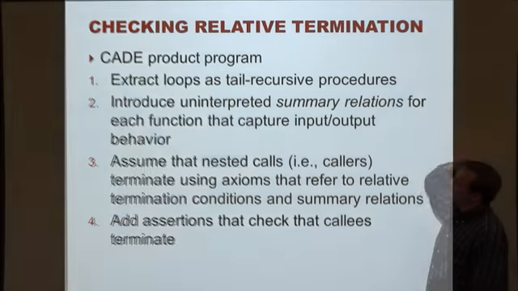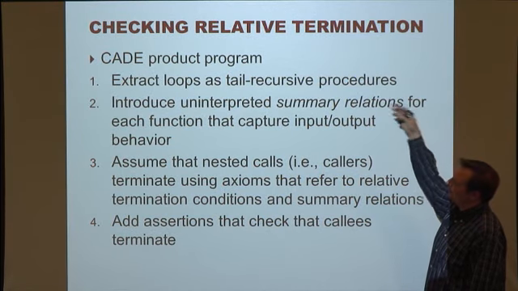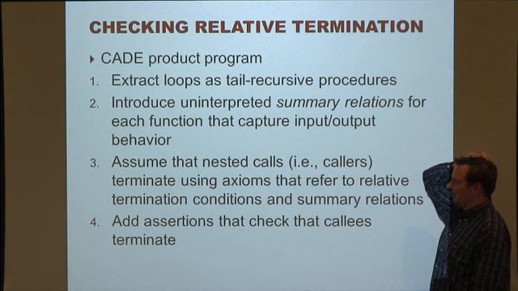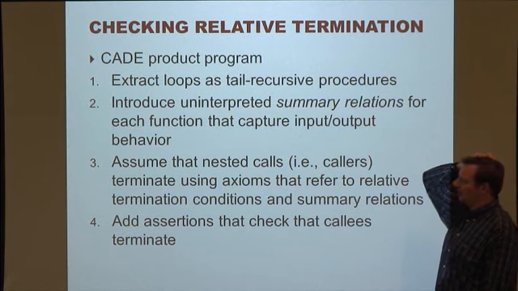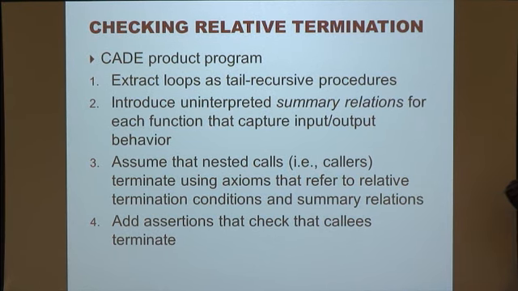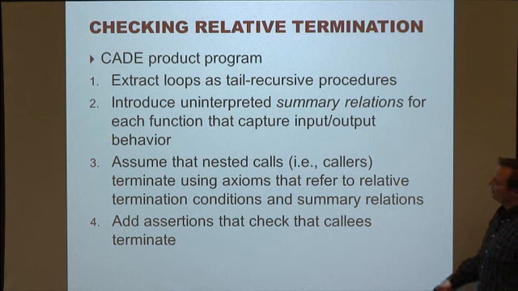This checking is based on a product program encoding that was published in CADE 2012, with Schwendo and a bunch of other people, and it's a pretty neat encoding for checking relative termination.